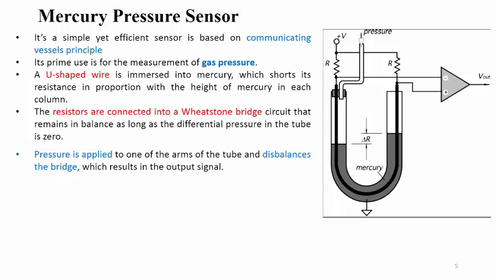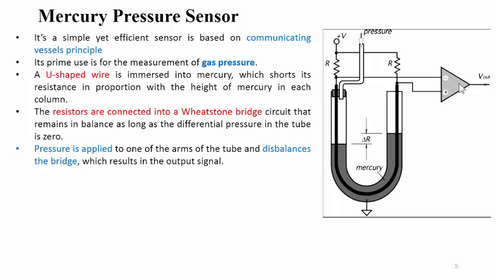When pressure is applied to one end or arm of the tube, the bridge gets unbalanced. This disbalances the bridge, which results in the output signal from the op-amp circuit.